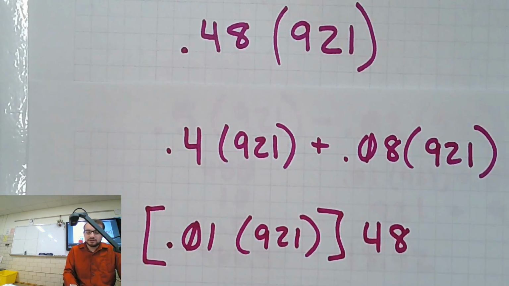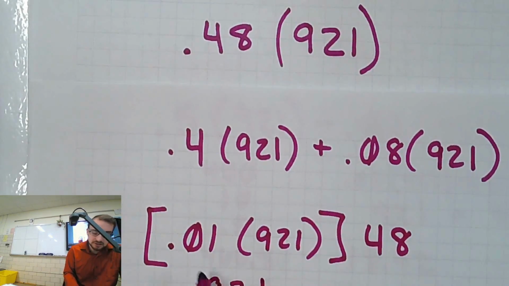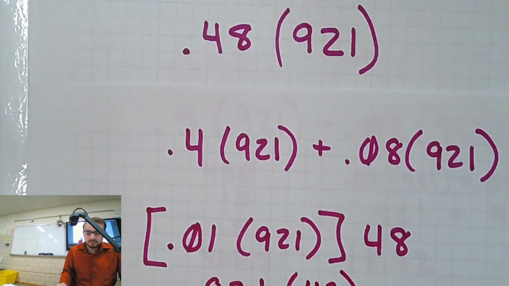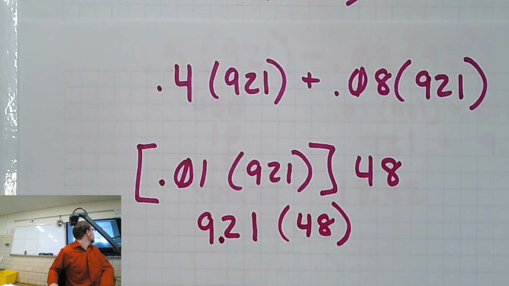What's 0.01 of 921? Well, it's 921 because it's timesing it by 1, but move it over 2. Oh, yeah, my bad.